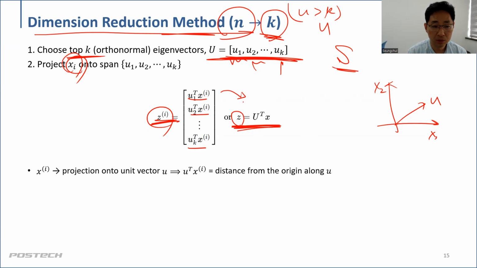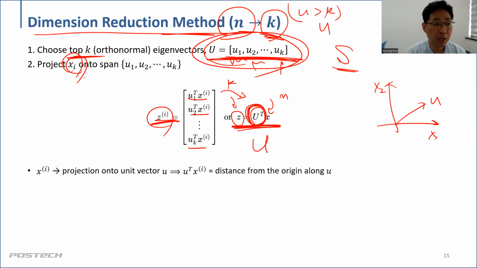This one is n-dimensional space, and this is k-dimensional space. How do you do the dimension reduction? All the information is in the matrix U. The matrix U consists of the top k eigenvectors of the sample covariance matrix. That's it. That's all you need to do for PCA.